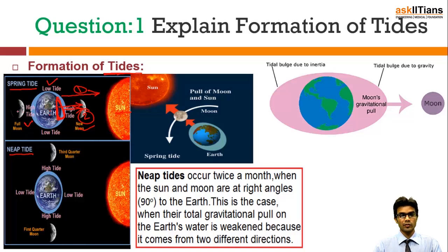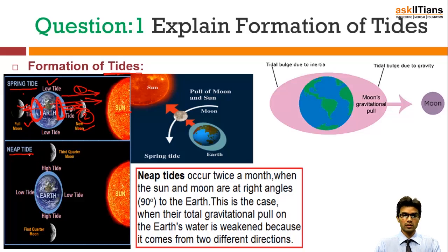The other case is when the moon is at full moon, then the force of attraction due to the sun is like this and due to the moon is this. The mass of the moon is actually smaller, but it is effective in the case of water surface. If this region contains water, then the force of attraction due to the moon is more dominant here, so it also forms high tide.